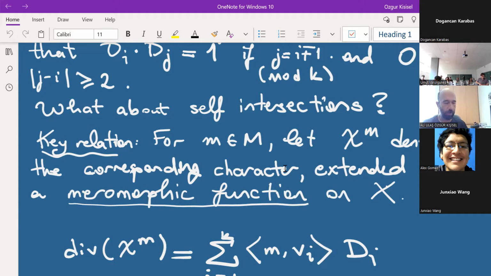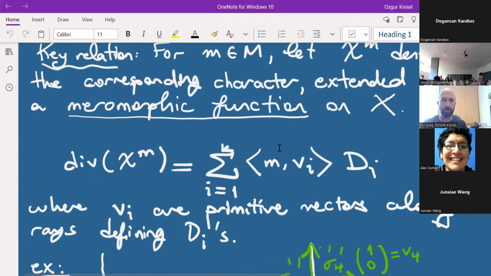So it would have zeros and poles, and then you could ask, what is its divisor? Its divisor is given by the following formula. Find the primitive generators v_i of the rays defining the divisors D_i. Then the divisor of chi m is the sum over the pairing of m with v_i, so you get some integers here, times D_i.